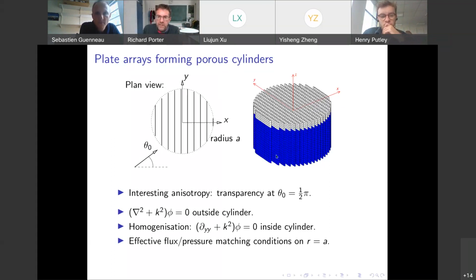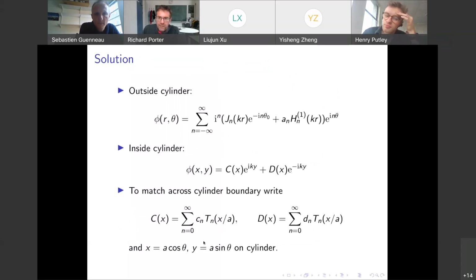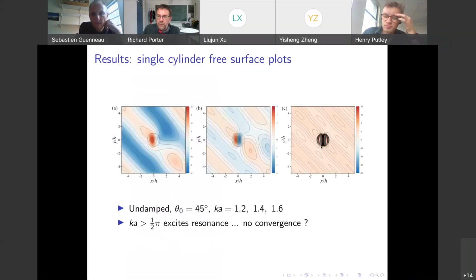And I think the problem is that this breaks down when you have a situation like this, because this is no longer continuous and periodic. You suddenly hit this resonant channel, and that breaks down these effective matching conditions.